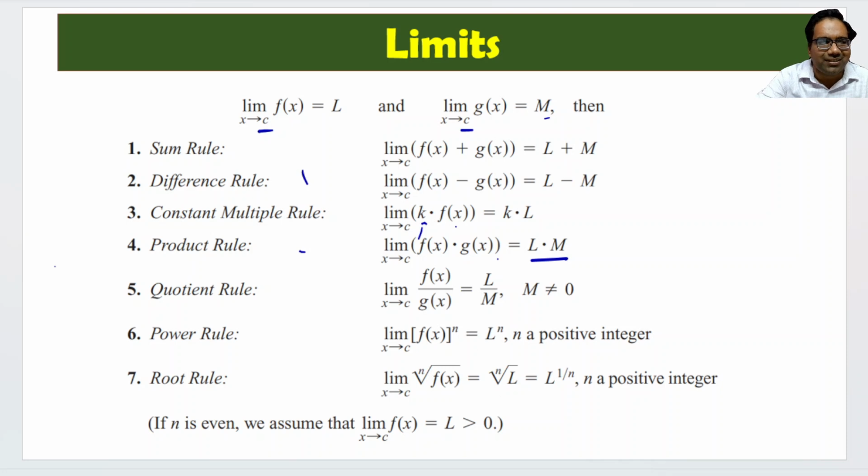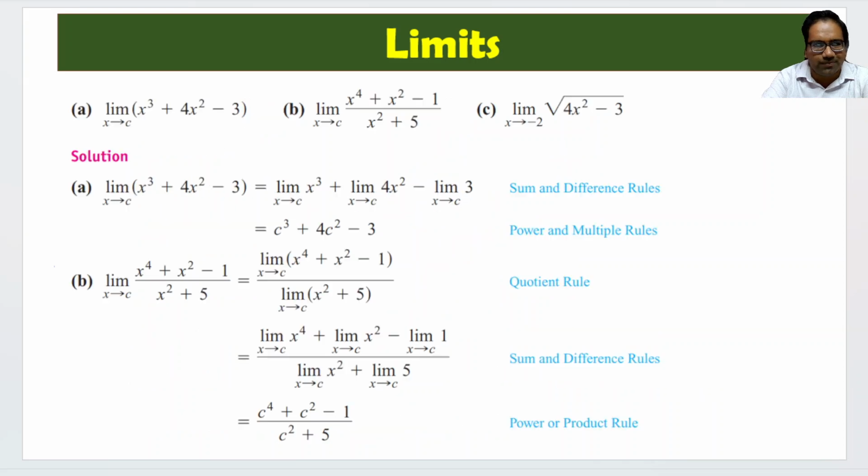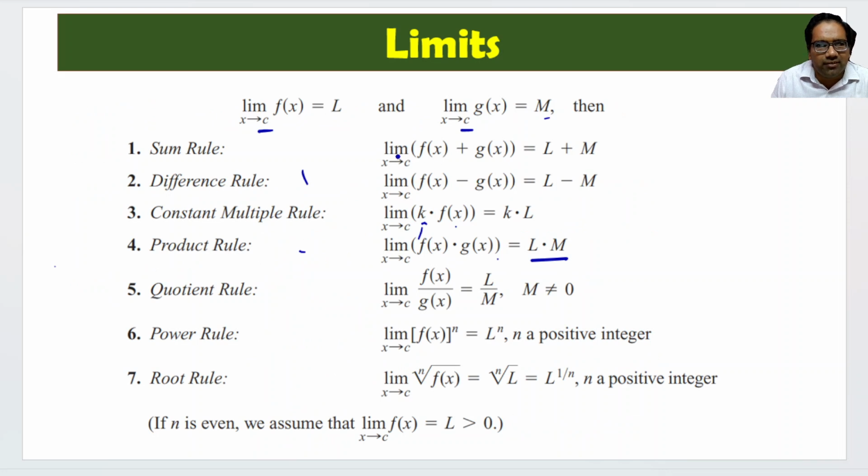Okay. Now, let us take some basic examples using these limit rules. For example, if we are given this function, here basically there are three parts, x cube, 4x squared, minus 3. Basically, this is like three functions. We have just decided when there are multiple functions, the limit of the sum of the functions is equal to the sum of individual limits of the functions.